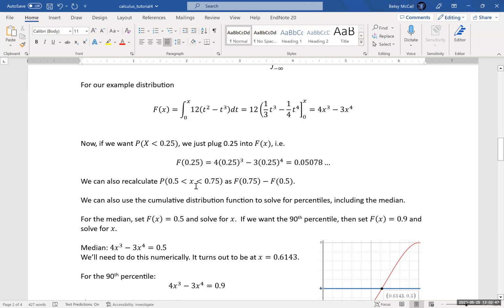Now, if I want to recalculate my previous example for between two values, I can also use the cumulative distribution function. I can simply plug in the upper bound, the value less than 0.75, and then find the value less than 0.5 and subtract that off. And I should get the same result that I had before.